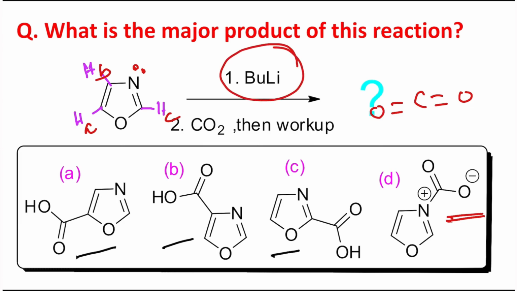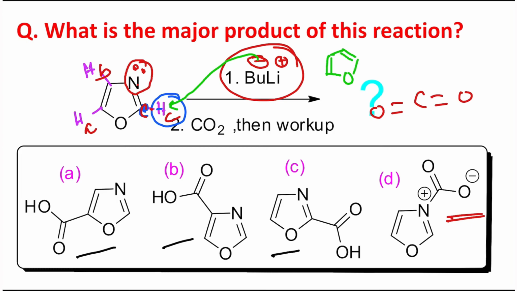Now if you look at this oxazole, which one is more acidic? Obviously HC is more acidic. Why? Because this carbon atom is in between 2 electronegative heteroatoms, nitrogen and oxygen. That's why this carbon hydrogen bond is more polar, so butyl lithium, which can act as a base, can efficiently abstract this proton, and in this way it will produce the anion, or you may consider the carbanion of this oxazole.